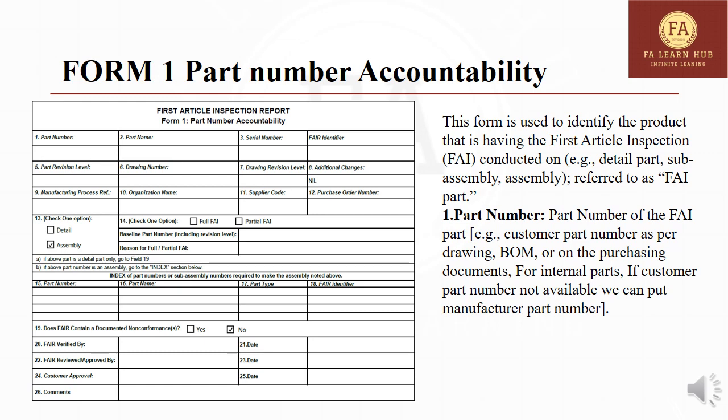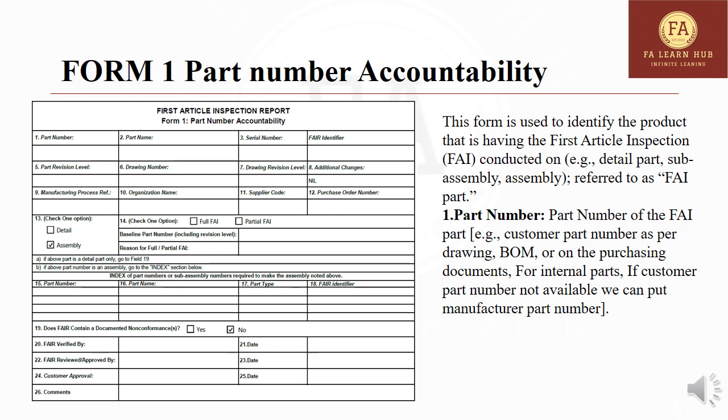Here I will explain Form 1, which is called part number accountability. The form is used to identify the product that is having first article conducted, referred to as FAI parts.